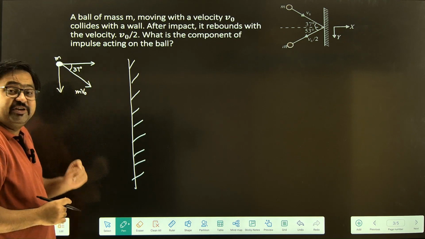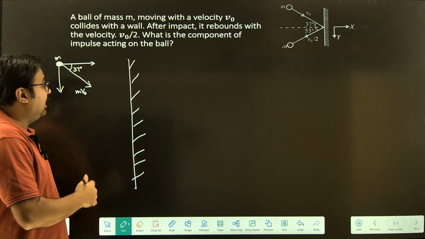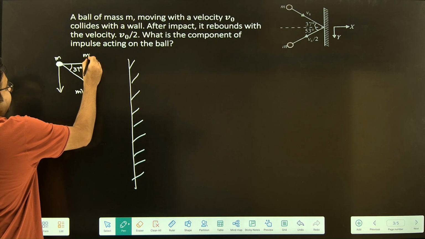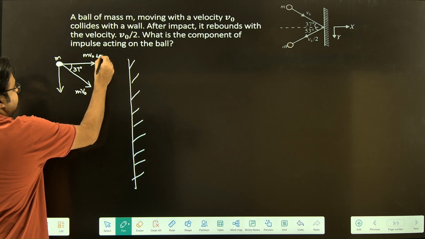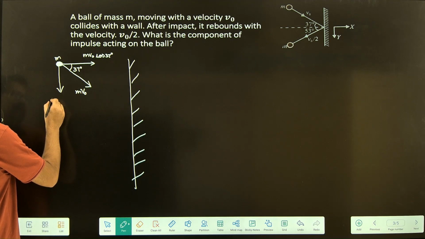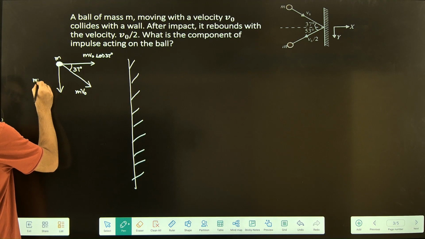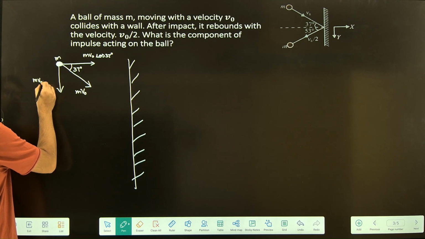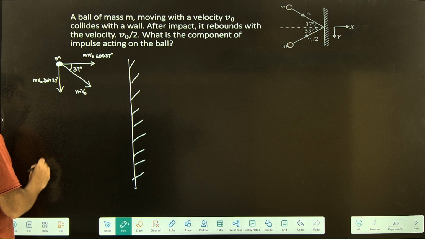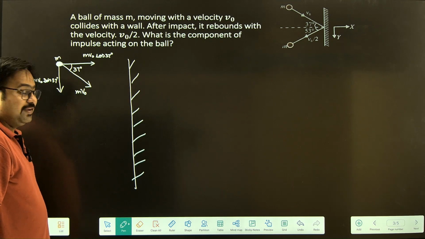The momentum mv naught can now be resolved along coordinate axis. We have mv naught cos 37 degrees along the positive x and mv naught sin 37 degrees along the positive y.